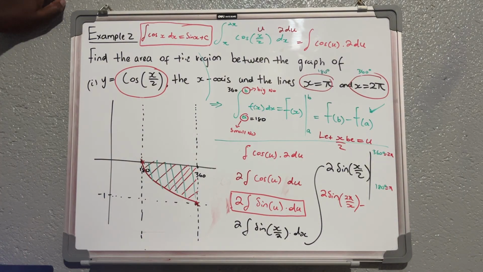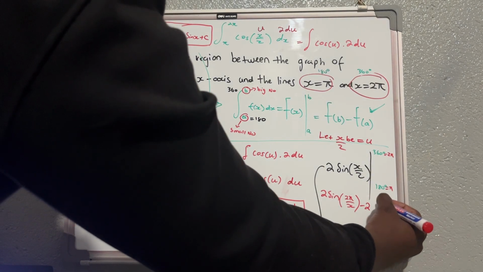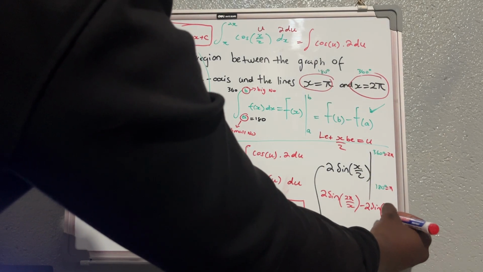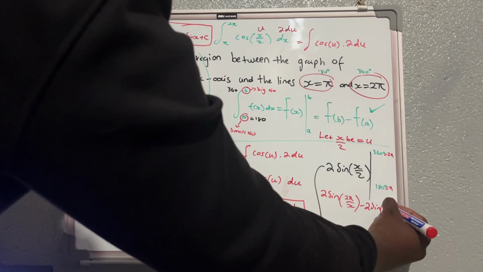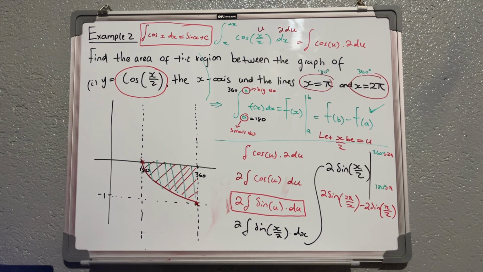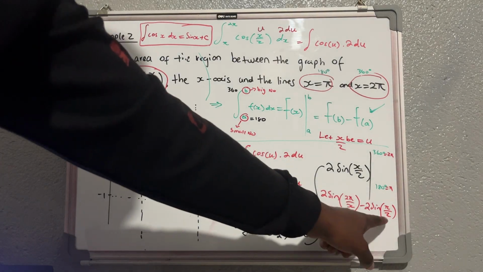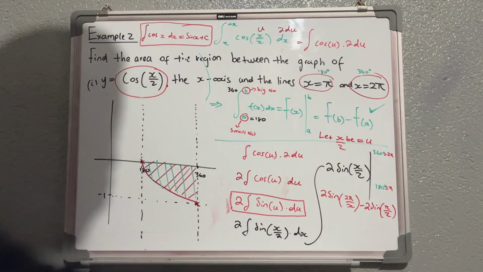Then we deduct the other one, which is this one. We will have 2 sine of pi over 2. I like to work it in this way because now I know that when I'm going to be having this, 180 divided by 2 is going to be 90.